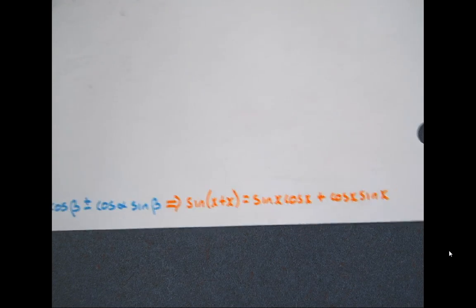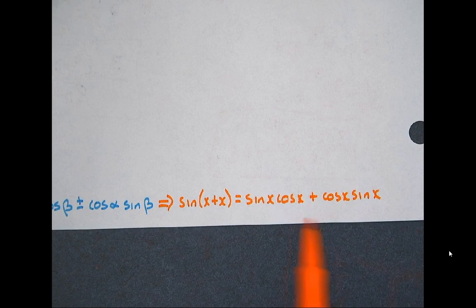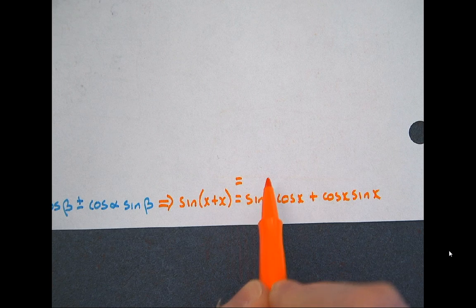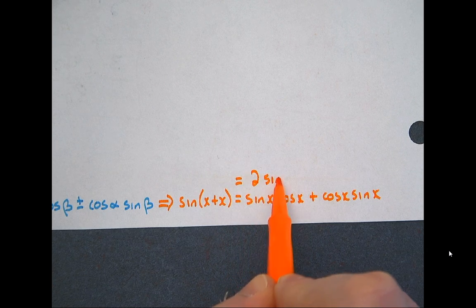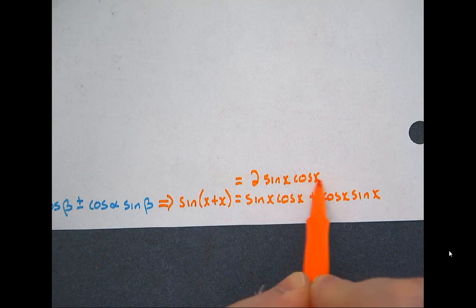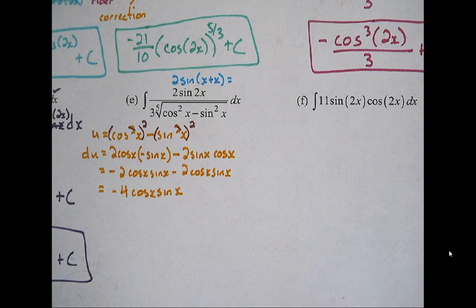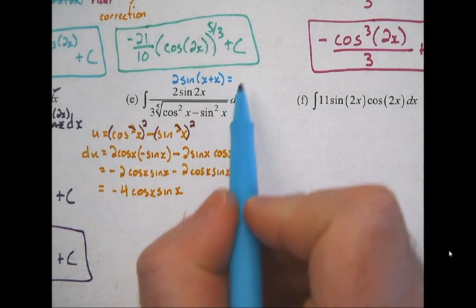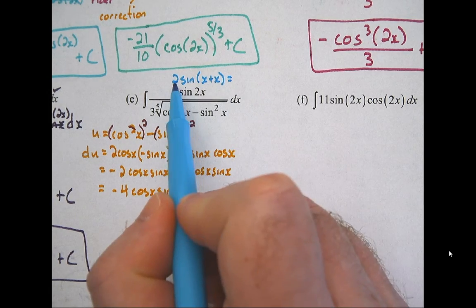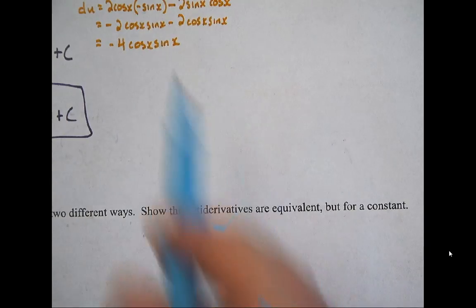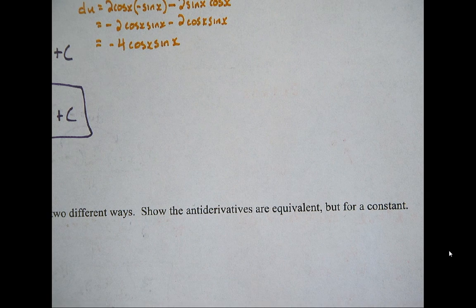Well, those are like terms, right? The order doesn't matter because I multiply, so this turns out to be 2 sine of x cosine of x. So if I go back up above, 2 sine of x plus x would end up being, now this is a 2 multiplier. You could take it out as a factor if you want to.